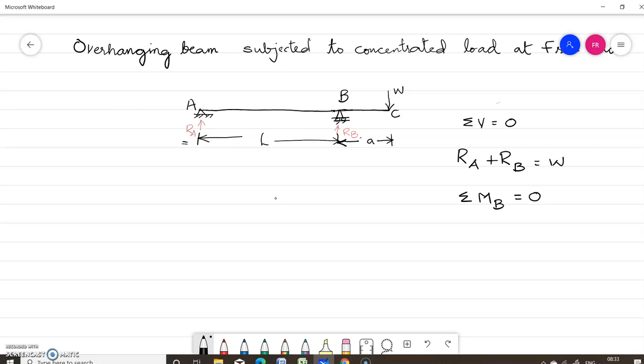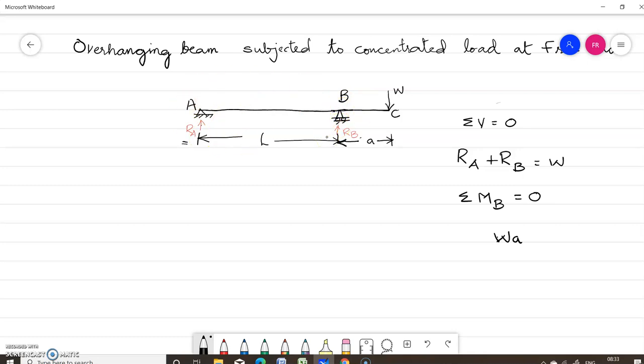So moment of W about B: W is acting in downward direction, so it is trying to rotate the member in the clockwise direction, so it is W into a. Now this moment of Ra about B is also clockwise, because this Ra is trying to rotate the member AB about B in the clockwise direction.